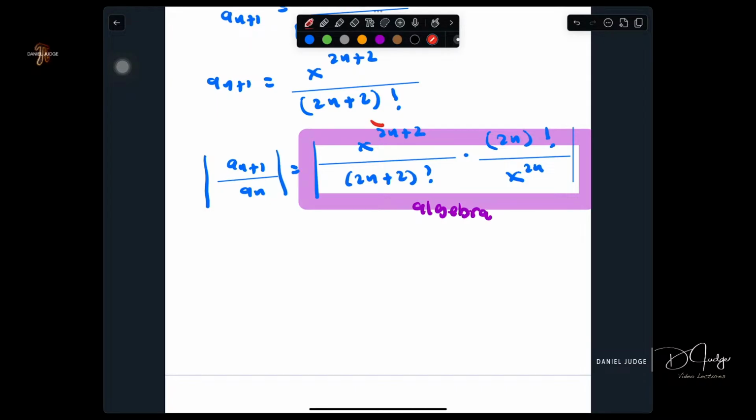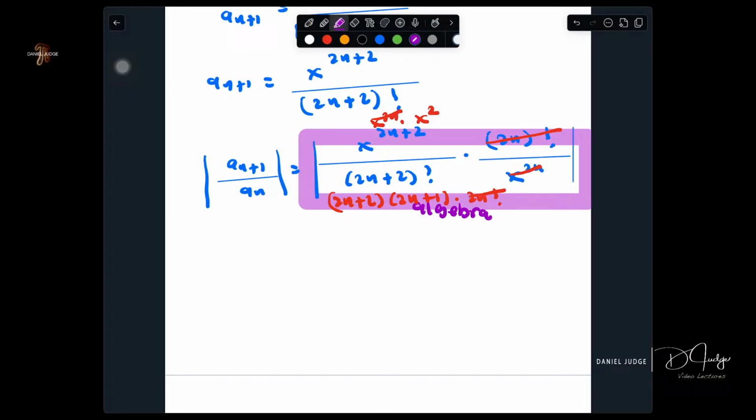So by algebra, you've got x to the 2n here times x squared. And this we can say is (2n plus 2) times (2n) factorial. Let me take that back. We don't have any space, so it's really (2n plus 2) times, we have to count backwards, (2n plus 1) times (2n) factorial. Okay, so the 2n factorials go away, the x to the 2n's go away.